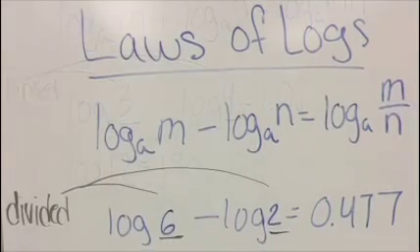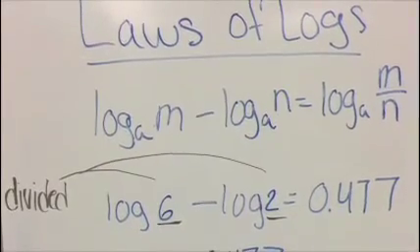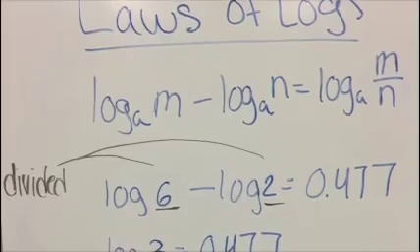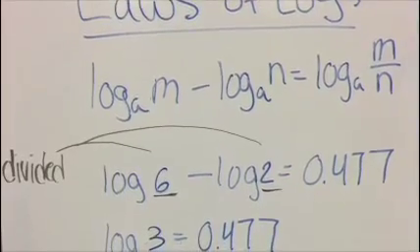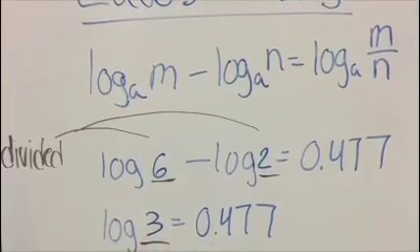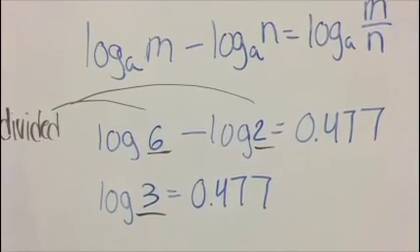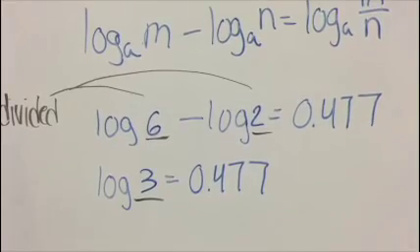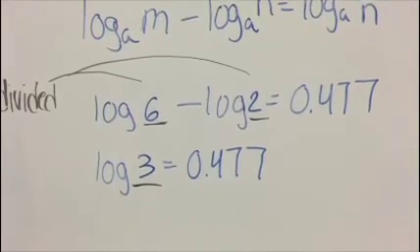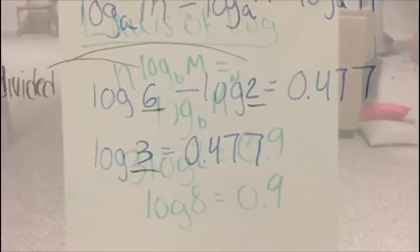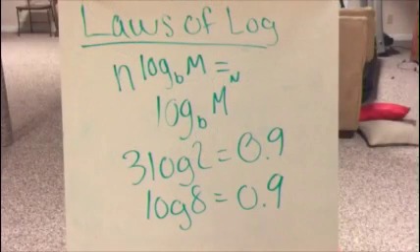The next law is that log base a of m minus log base a of n equals log base a of m over n. If you take the example, log 6 minus log 2 equals 0.477, while log 3 also equals 0.477. You can notice that 6 divided by 2 equals 3, proving this law.